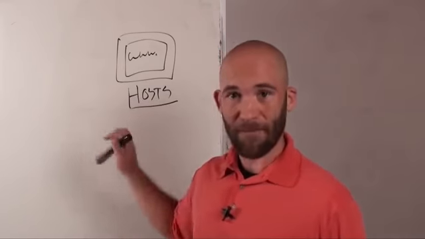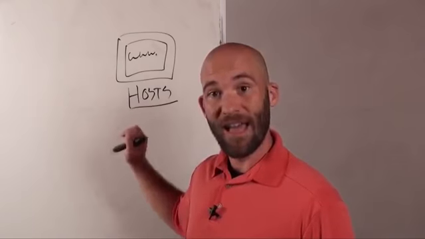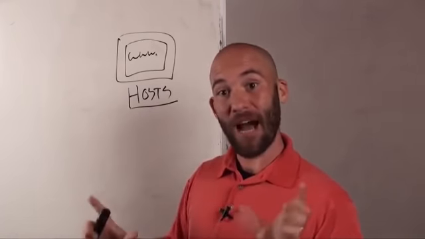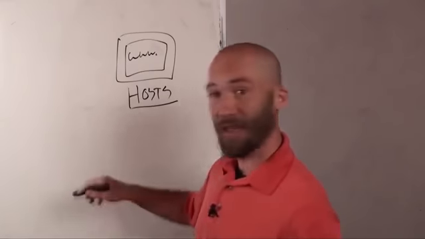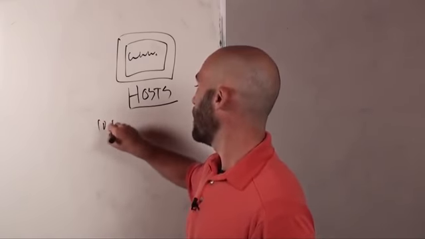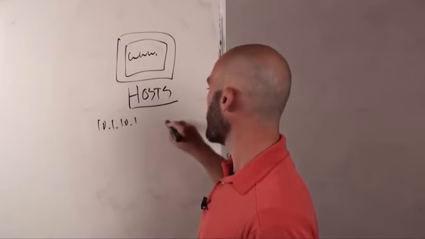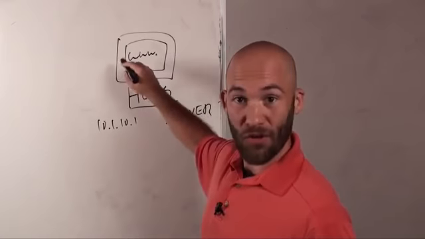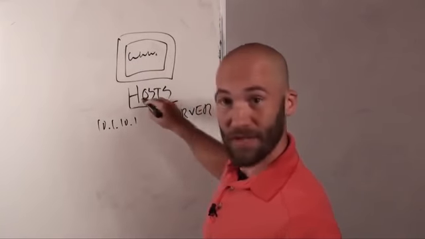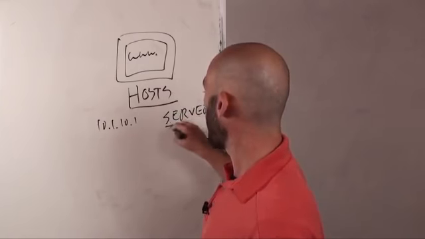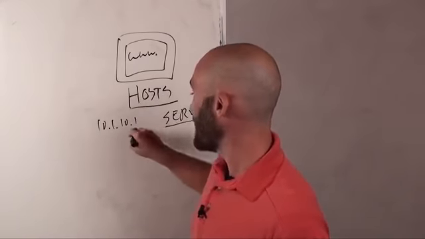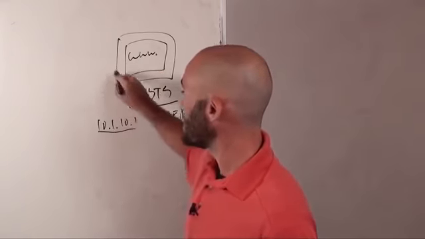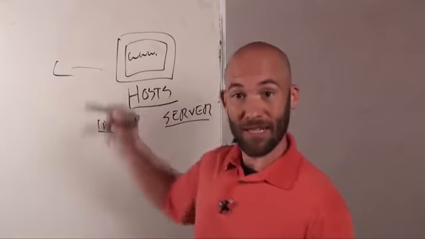This host file is a local file that contains how to resolve domain names to IP addresses. So within this host file, it'll say, let's say, 10.1.10.1 equals server. So if you're trying to go to the computer server, it'll first go to this host file. It'll say, I'm looking for server. The host file will say the IP address is 10.1.10.1, and then your computer will use this to go and find the server using TCP/IP.